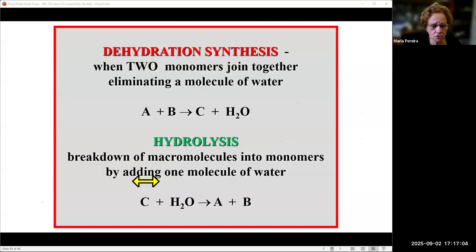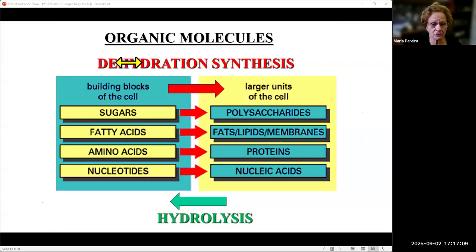Okay, now just to finish this, I talked about dehydration synthesis and hydrolysis. So this is very important for organic molecules. If you think about sugars, fatty acids, amino acids, nucleotides, they bind to each other to form large molecules through dehydration synthesis. So sugars attach to each other to form polysaccharides, or amino acids attach to each other to form proteins.